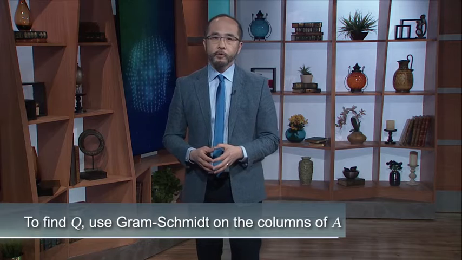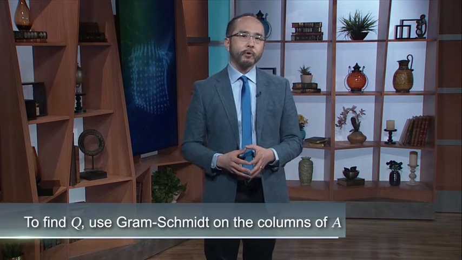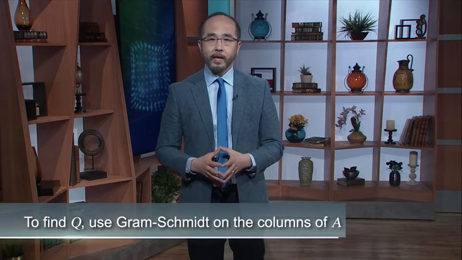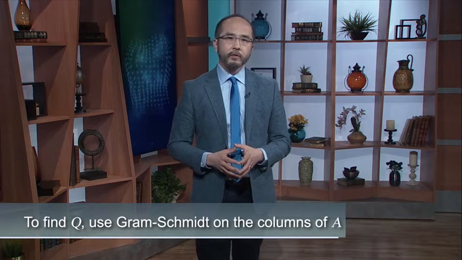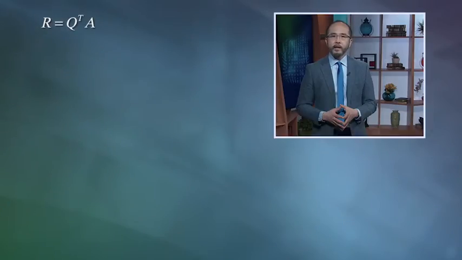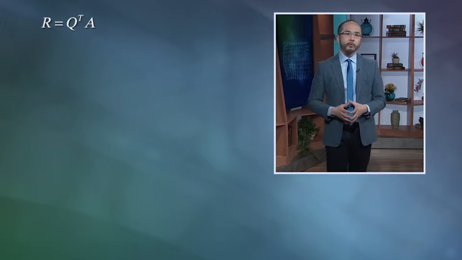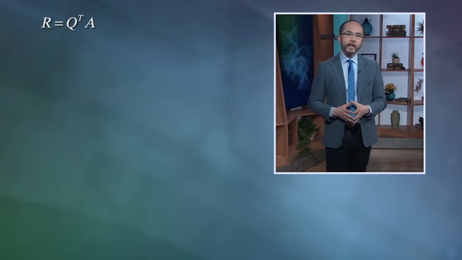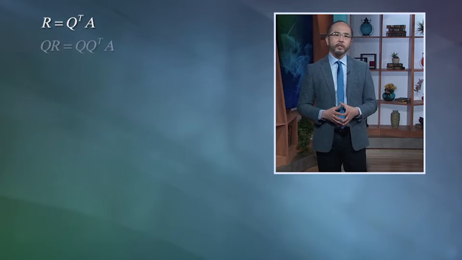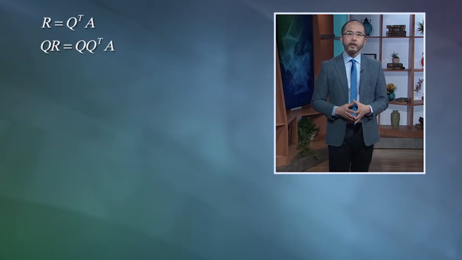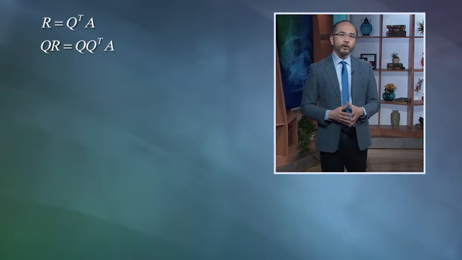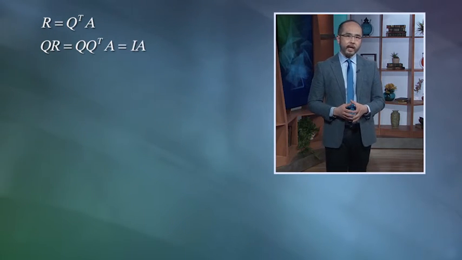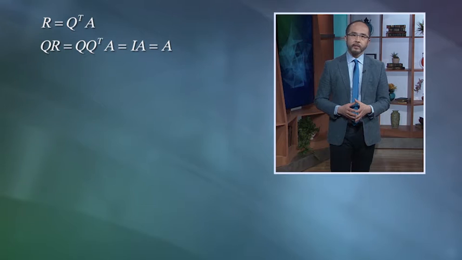To find Q, we can use the Gram-Schmidt process on the columns of A. Since they are linearly independent, Gram-Schmidt will work. And if you let R equal Q transpose times A, then you will see that Q times R is Q times Q transpose times A, which is just the identity times A, which is A.